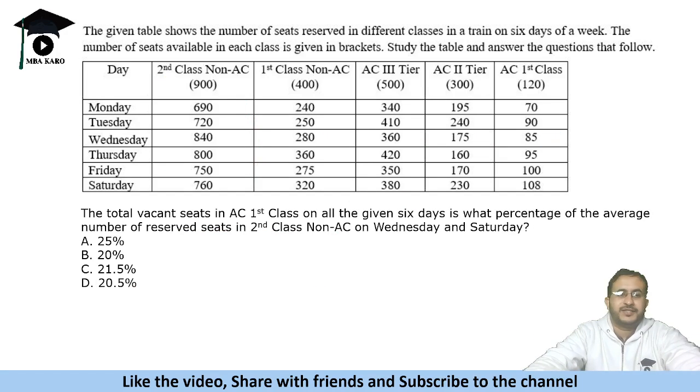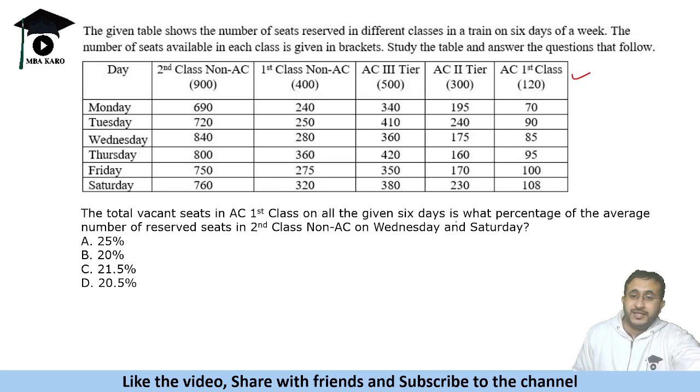Next question, the total vacant seats in AC first class on all given 6 days is what percentage of the average number of reserved seats in second class non-AC on Wednesday and Saturday? So we have to find the total vacant, and for reserved seats I have to take the average and find it.